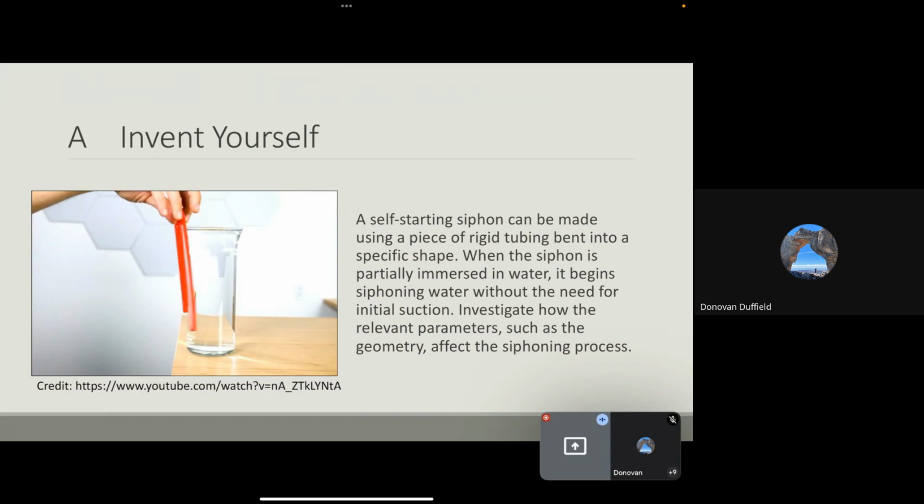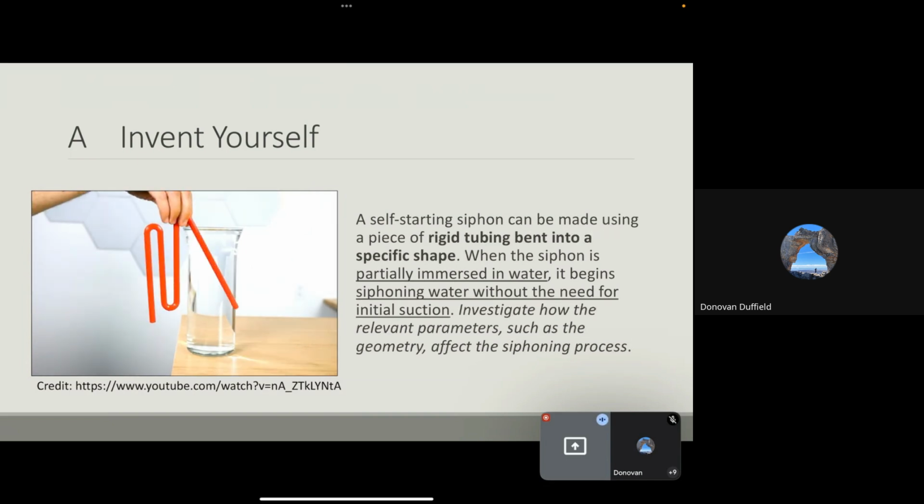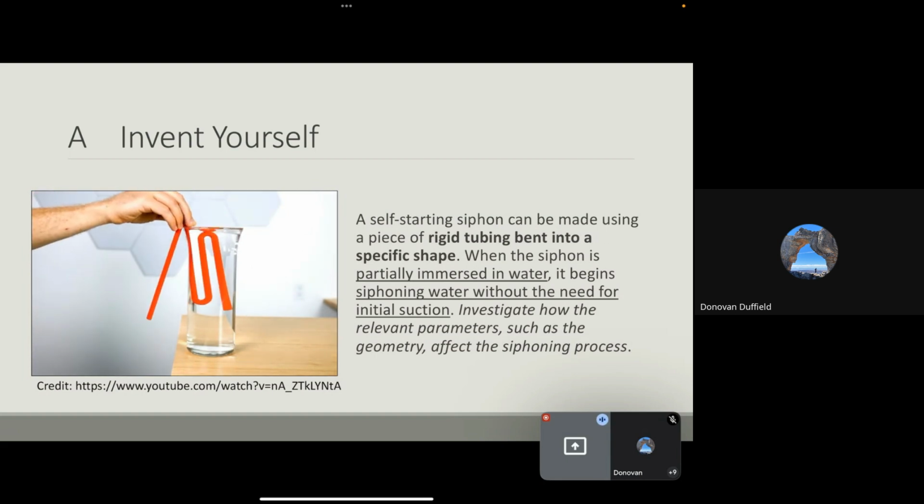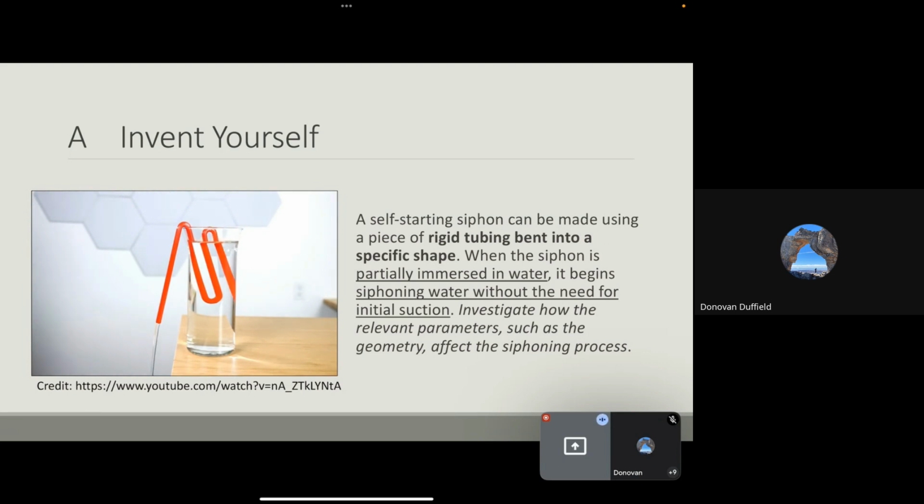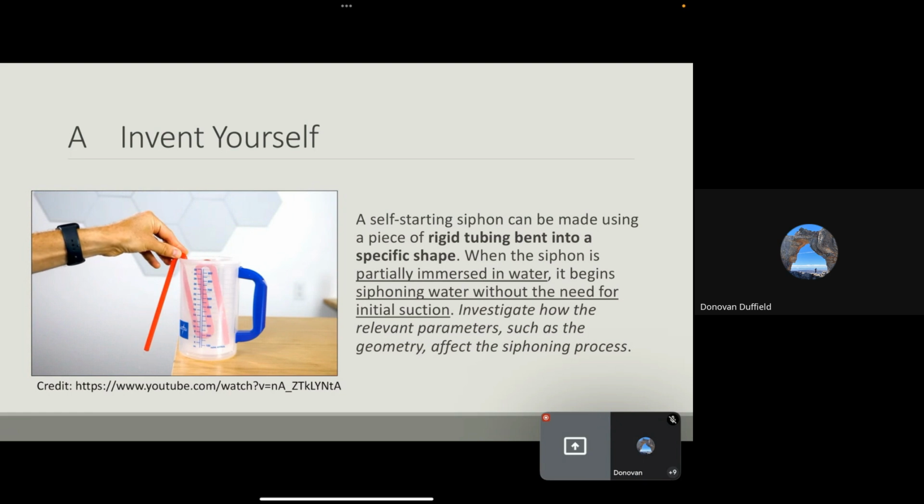Okay, so let's break it down. In the first place, in bold, what do you need to build? Well, you need to build what's in the video on the left-hand panel: a piece of rigid tubing bent into a specific shape. Then, what do we need to observe in this setup?